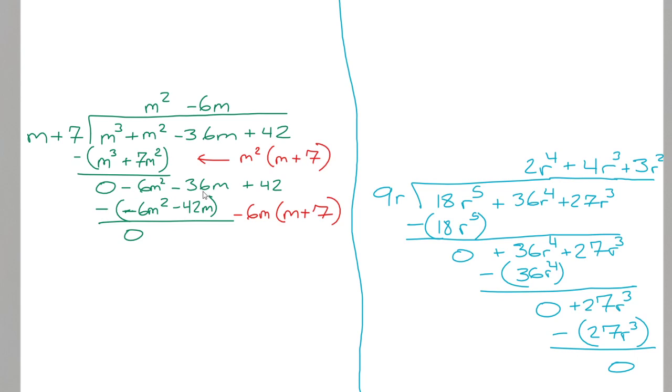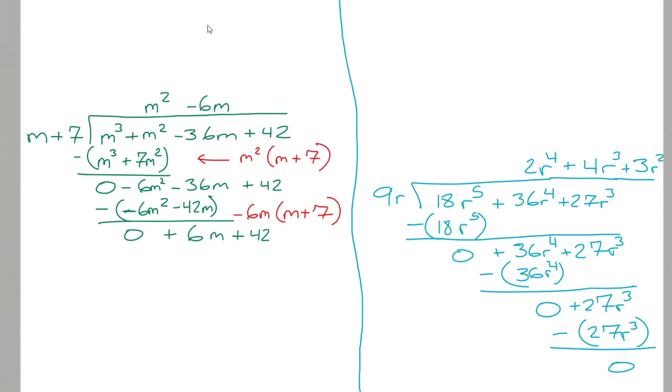So if we added 42 to 36, we would get 6, so that's positive 6m, and bring down the rest, so plus 42. And again, you don't need to write this 0, that way you don't have to write this plus. I'm just writing everything and keeping it in a row.